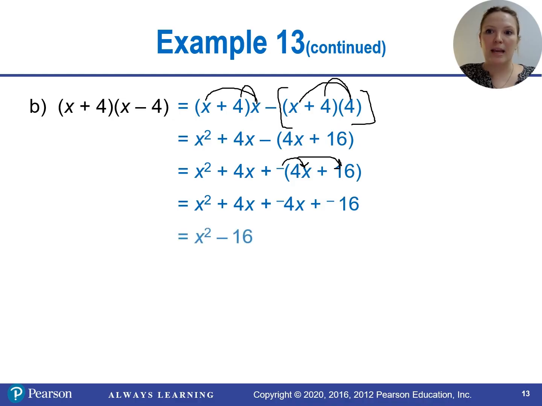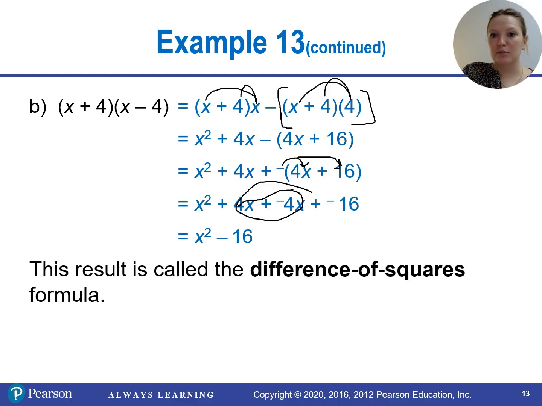And then we can recall that 4x plus negative 4x are inverses of each other, so they cancel. And we have x squared minus 16 as our result. And this is actually called the difference of squares formula. You'll notice that 4 squared is 16, and we have x squared minus 16.